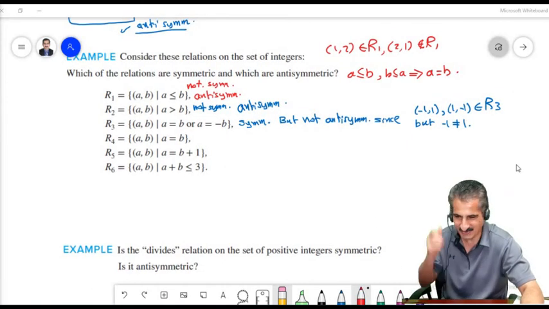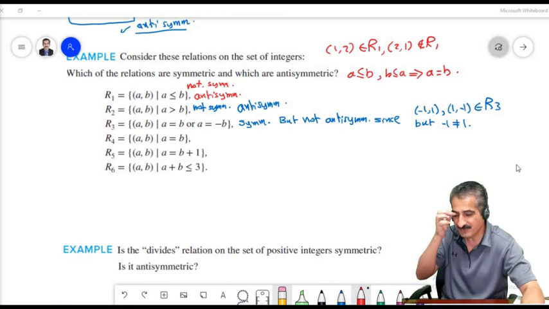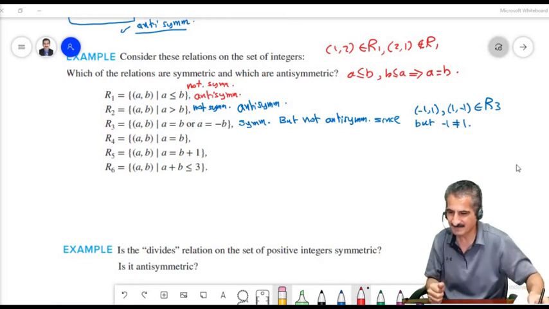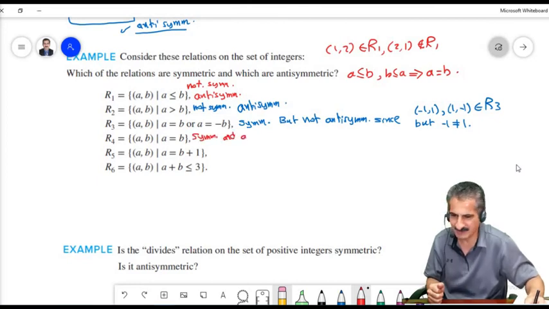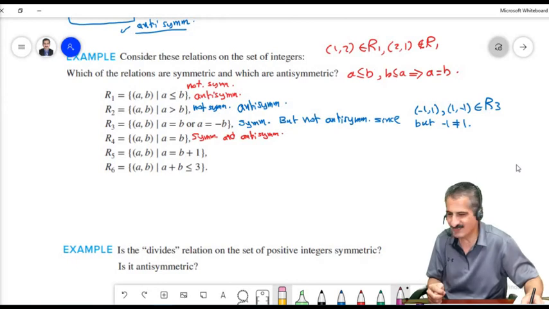Let's continue. Tell me about R4. Is it symmetric? And antisymmetric, right? This is symmetric, and you agree. Antisymmetric. What about R5? Tell me, is it symmetric?